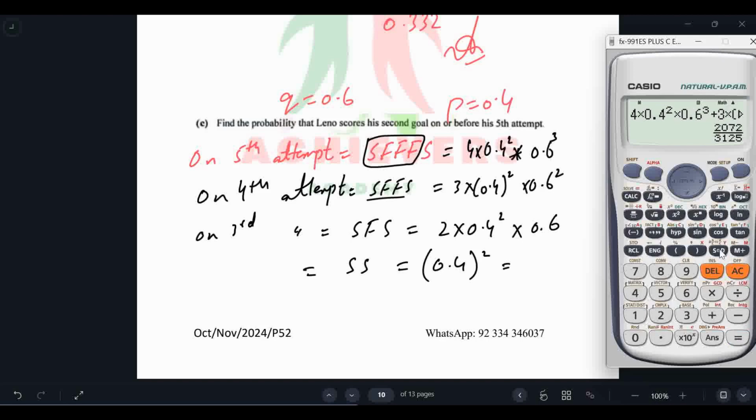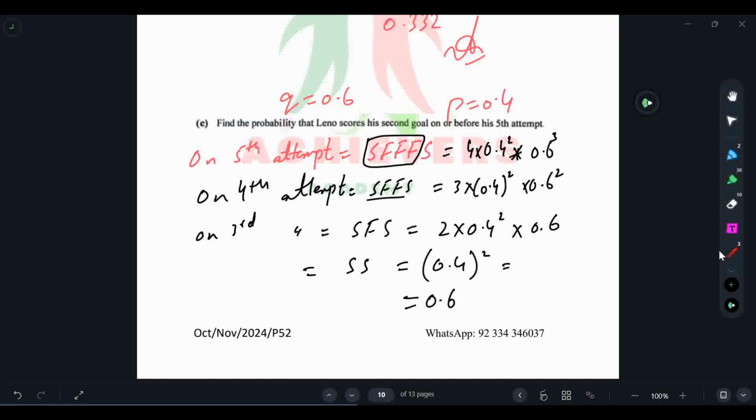So this will be equal to 0.663. So 0.663 will be the final answer.